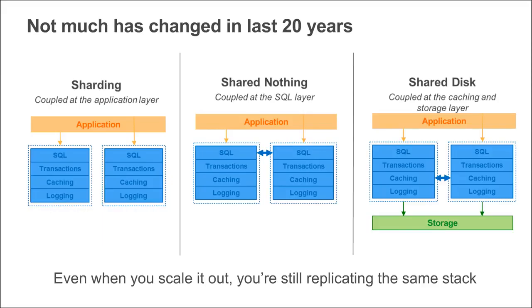First, they tried sharding. In a sense, this scales, but you lose the ability to join data sets, and your application becomes far more complex. Second, people decided to try a two-phase commit by coupling at the SQL layer. While this was arguably simpler from a design point of view than sharding, you got really bad performance, and two-phase commit is just not something you really want to deal with. Third, people decided to throw an immense amount of science at the problem, coupling buffer caches together and storage at the same time.